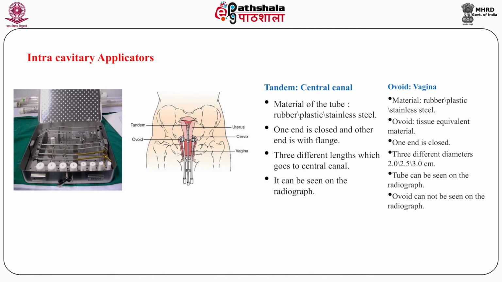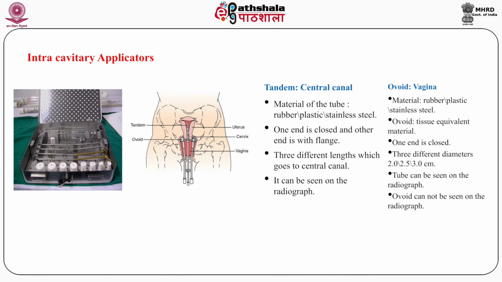This depends upon the size of the vagina. If the vagina area is big, then bigger size ovoids are used. If it is small, then small ovoids are used. And if it is further small, then even half ovoids are also used in some cases.